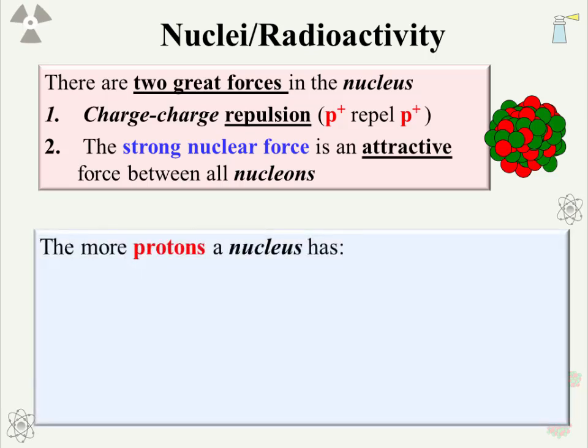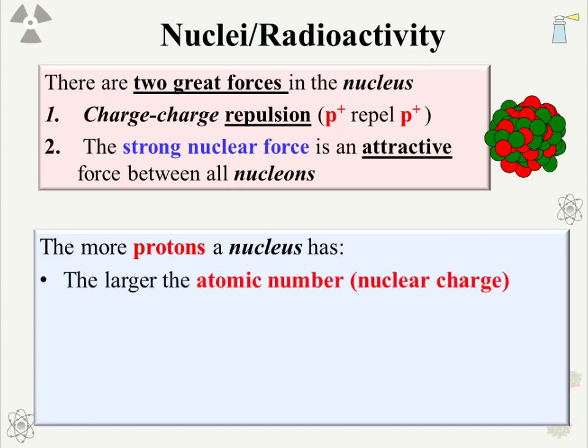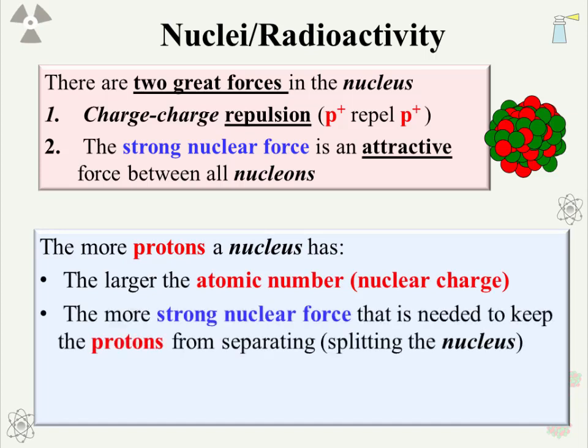As for the steepness of the band of stability, seen with larger nuclei, the more protons the nucleus has, the larger the atomic number and the larger the nuclear charge it has. That requires there to be more strong nuclear force to keep the protons from separating, that is, splitting the nucleus apart.